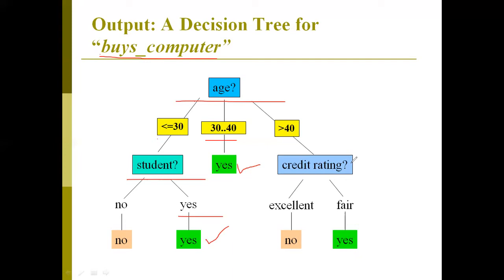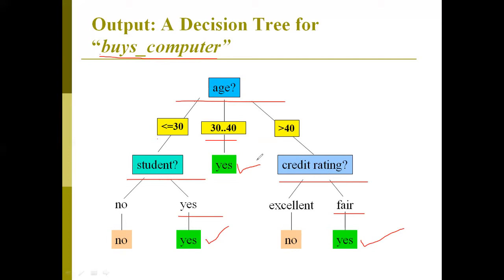If their age is greater than 40 years, then we are going to check one more attribute, that is credit rating. If the credit rating is excellent, he is not going to buy. If the credit rating is fair, then that person is also going to buy a computer, right?